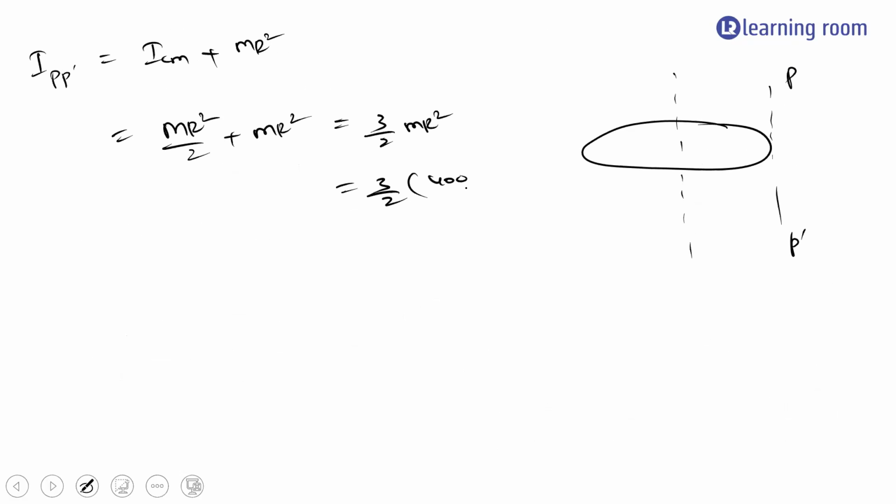Substitute 400 here and you get the answer as 600 gram centimeter square. Is it clear? The only challenge in this chapter is finding the moment of inertia; if you're able to find that, you can solve any problem.